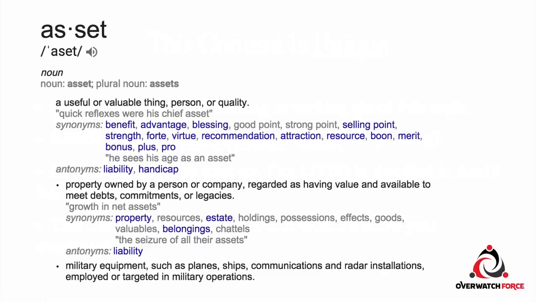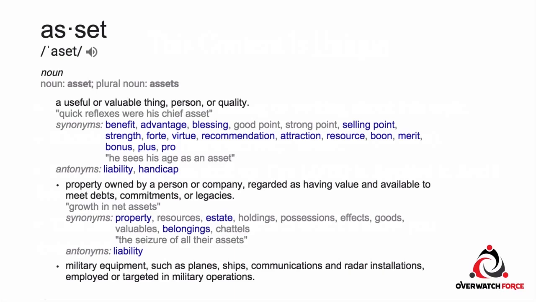So let's define asset. I looked it up in the old Google, and here's what it came up with. Asset: a useful or valuable thing, person, or quality. A property owned by a person or company regarded as having value and available to meet debts, commitments, or legacies. That's an interesting word, legacies. And also, there's the military equipment such as planes, ships, communications, radar installations.